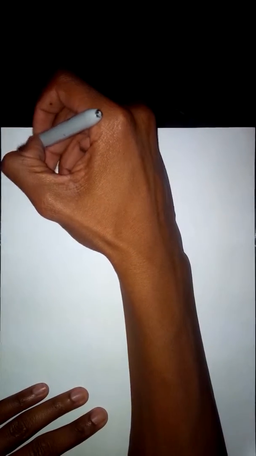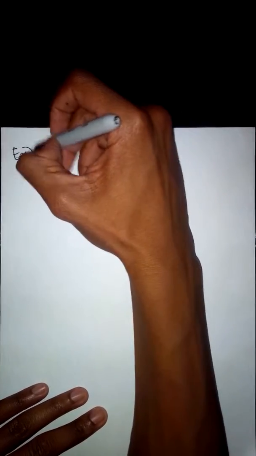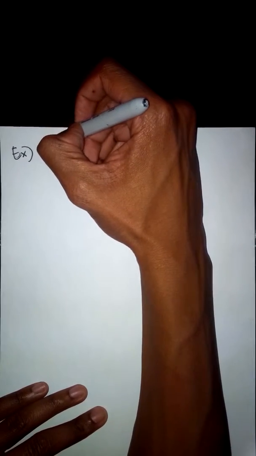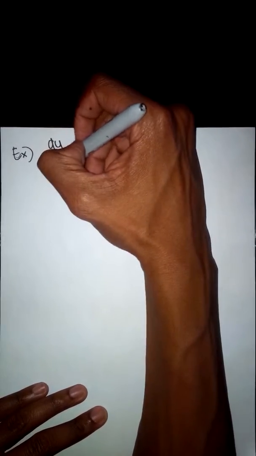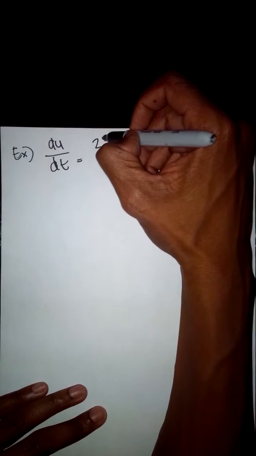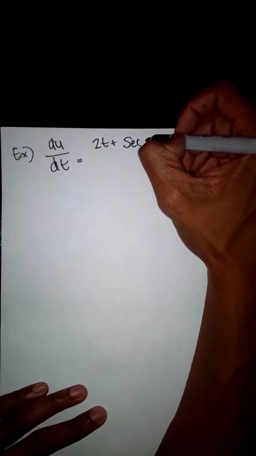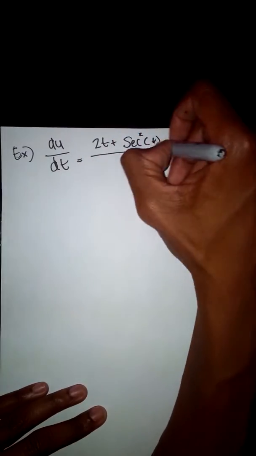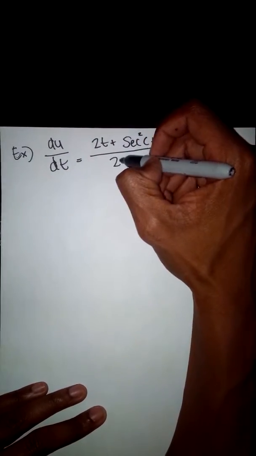In this example, we're going to have du over dt is equal to 2t plus secant squared t all over 2u.